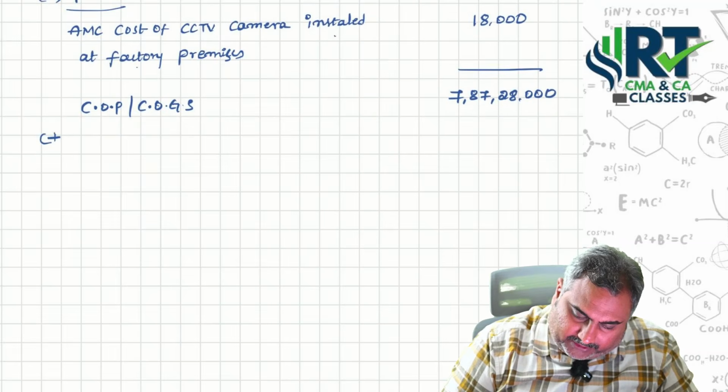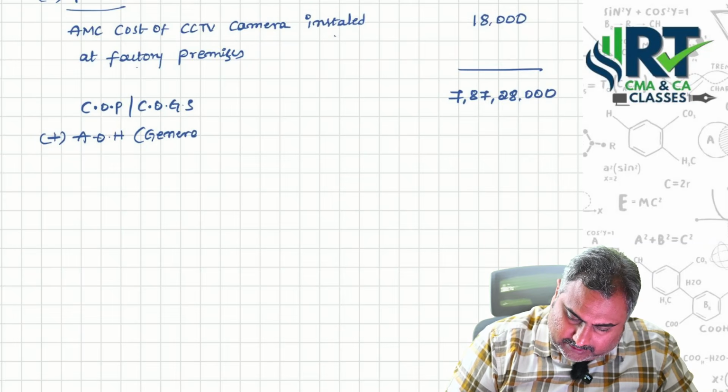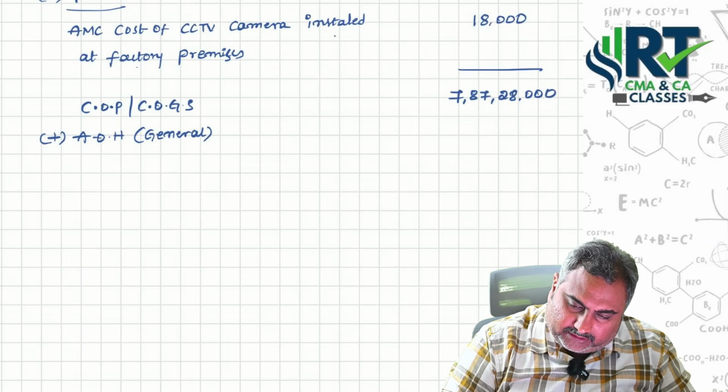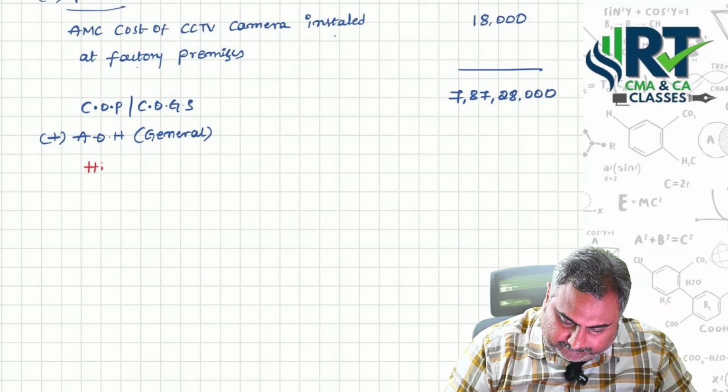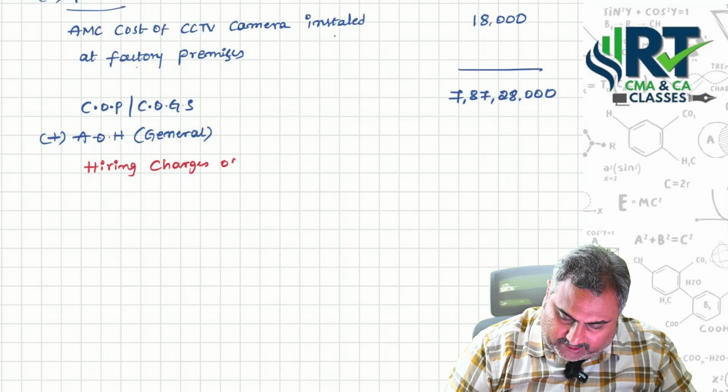So now we are adding general administrative overheads. Under that, first start with hiring charges of cars.